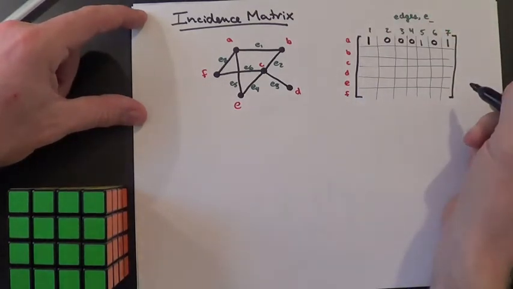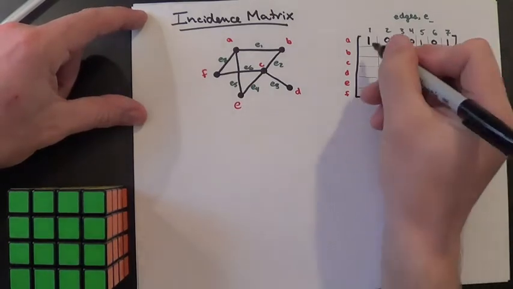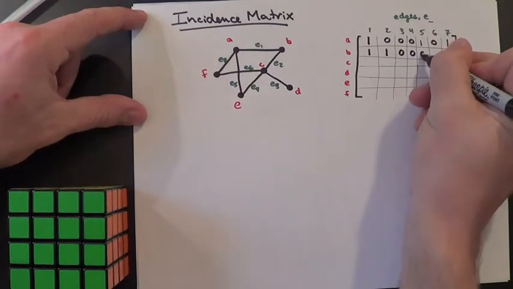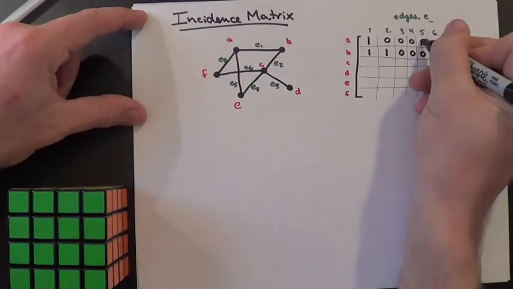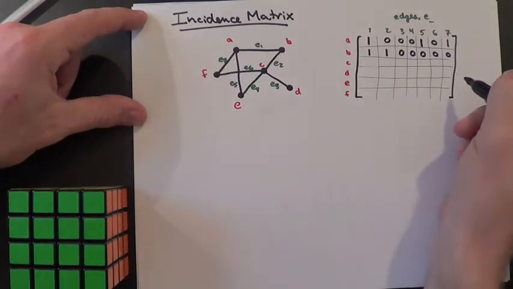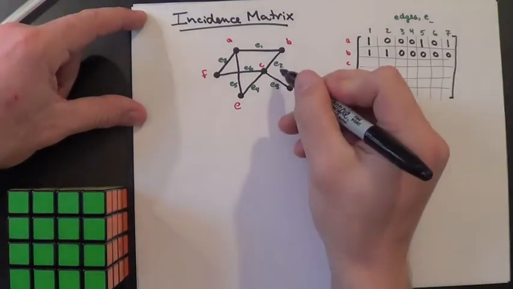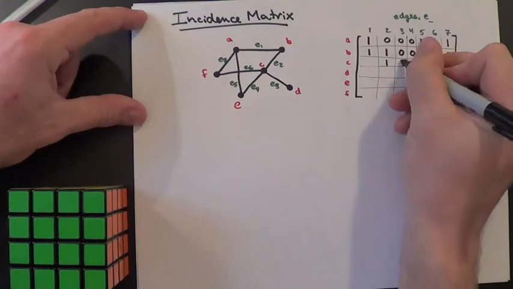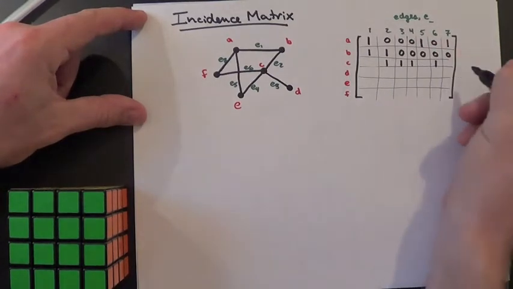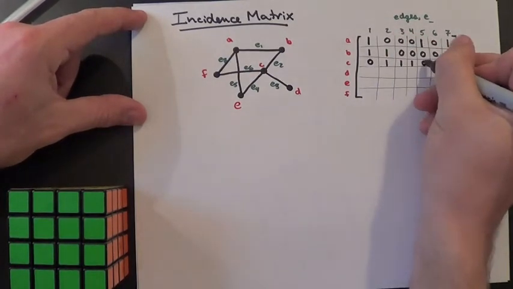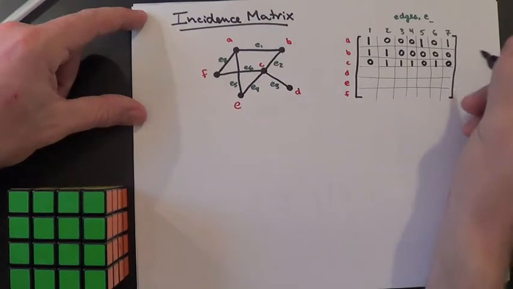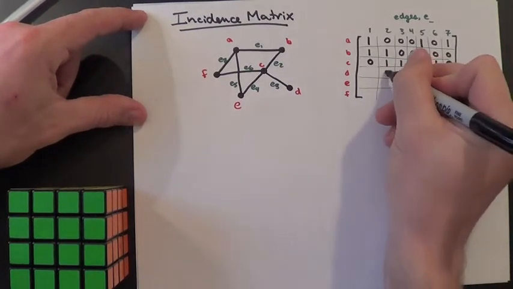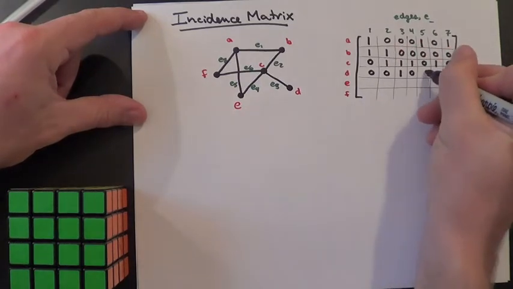B is incident with edges 1 and 2, 0 everywhere else. C is incident with E2, 3, 4, and 6, 0 elsewhere. D is only incident with edge 3.